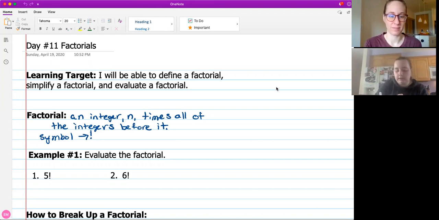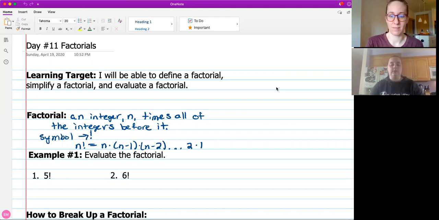And we write n factorial, for example, as n times n minus 1 times n minus 2. And then we continue till we get down to 2 and 1, which is our last two integers that we have. Because remember, an integer doesn't include 0. It's just the whole numbers.